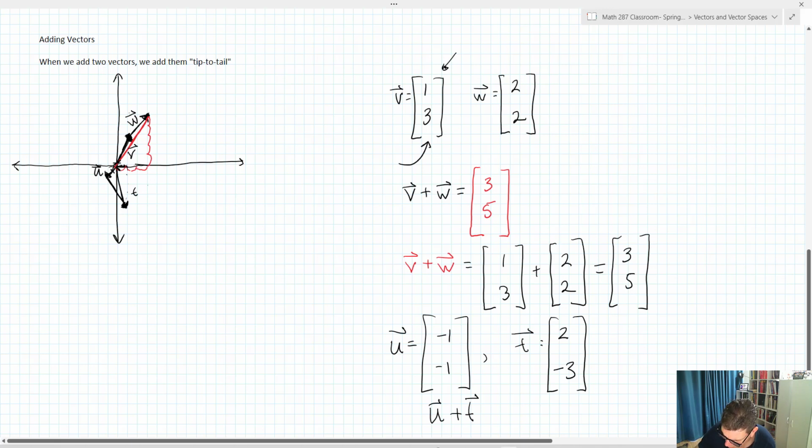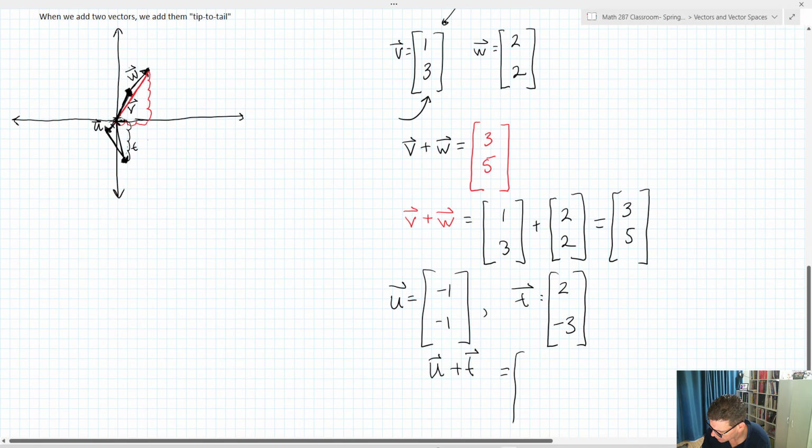It's going to go 1 in the x direction, 1, 2, 3, 4, -4 in the y direction. So u plus t is going to end up equaling -1, -1, plus 2, -3. And that ends up equaling 1, -4, which is exactly what we expect to have.